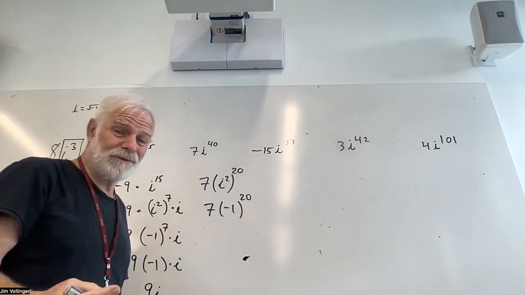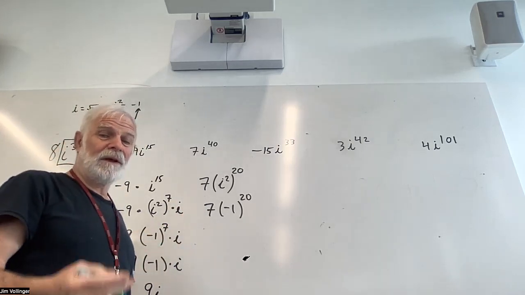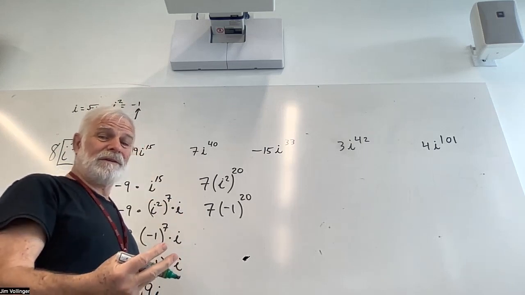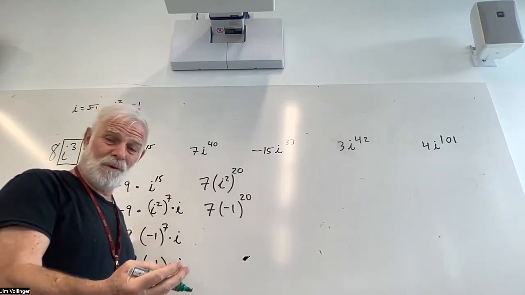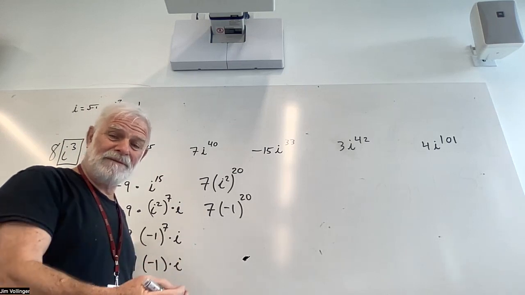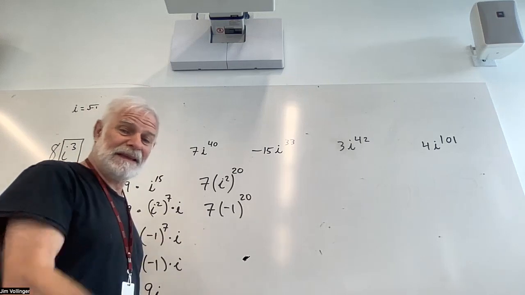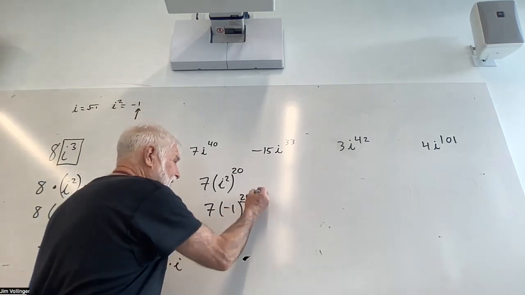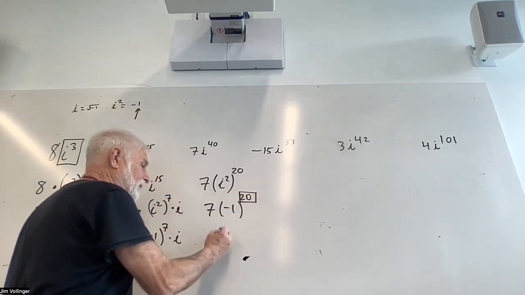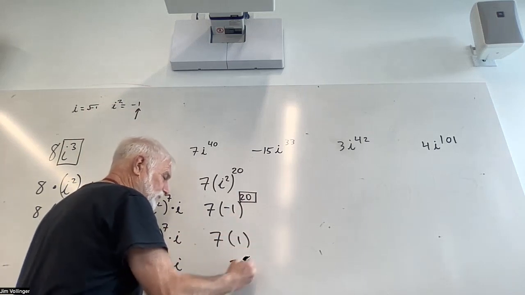A multiplication of 2 negatives is a positive. A multiplication of 3 negatives is a negative. A multiplication of 4 is a positive. 5 is a negative. 6 is a positive. Odd is a negative. Even is a positive. And we have an even number of multipliers. So that becomes 7 times 1, which is 7.